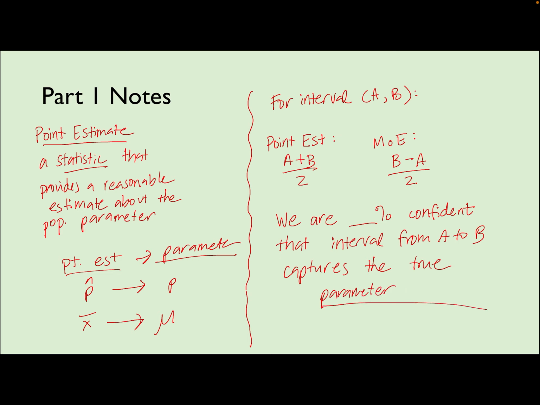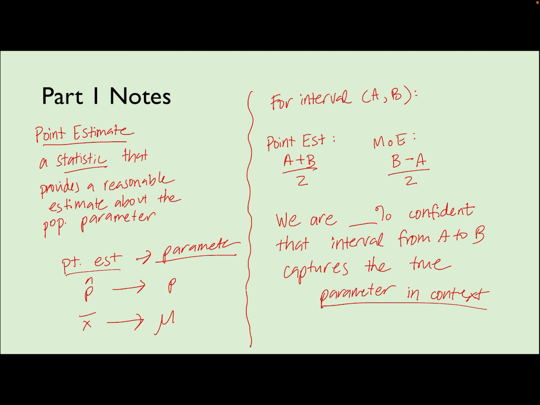Usually it's going to be either the proportion or the mean, but make sure you're using context. Based off of the beads, I would say we are 90% confident that the interval from 0.3 to 0.36 contains the true proportion of red beads.